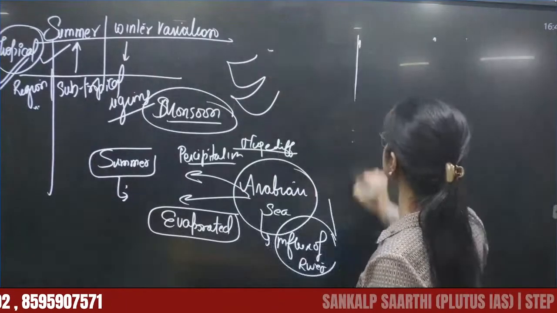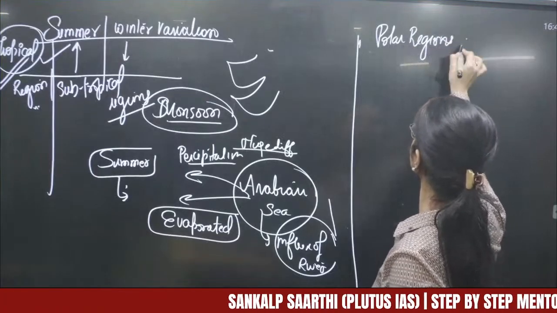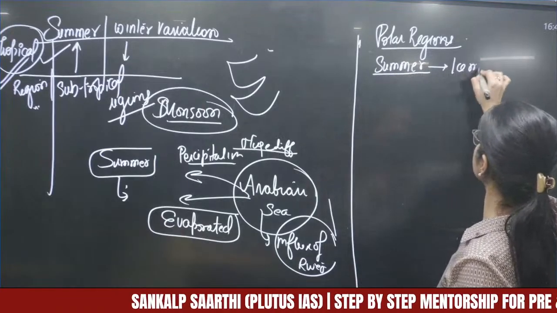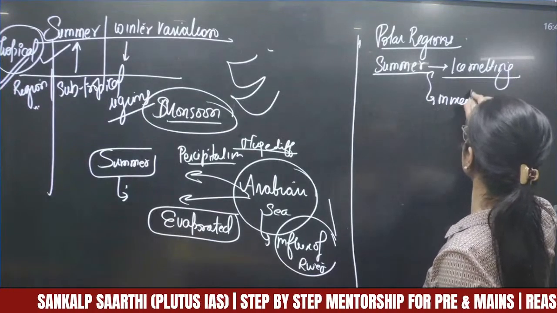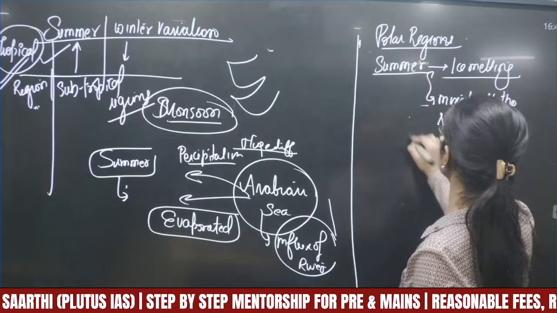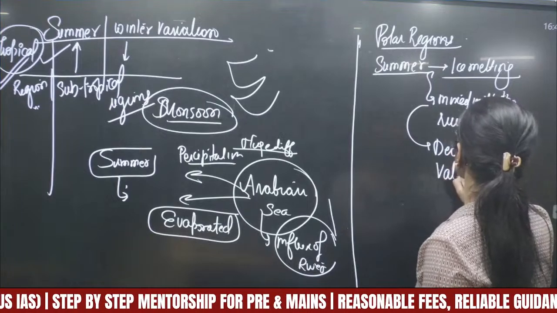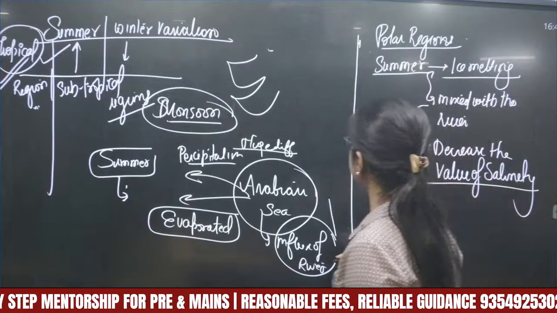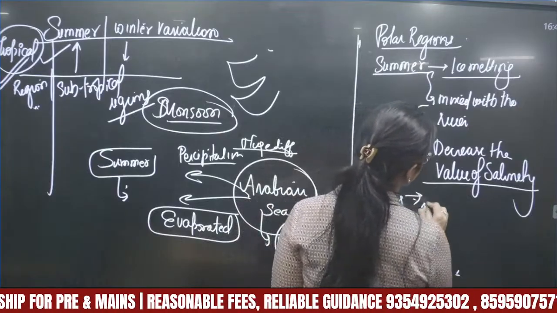In polar regions, in summer, ice melts. As ice melts, this water will get mixed up with the river and it would further decrease the value of salinity. But if I'm taking winters, there would be ice formation.